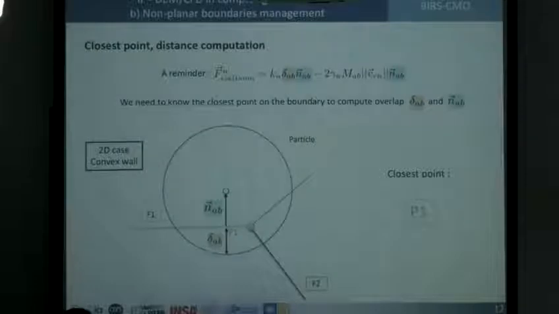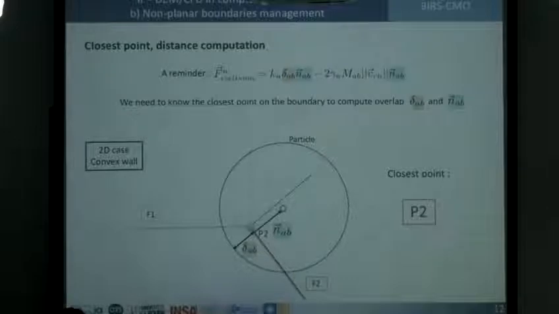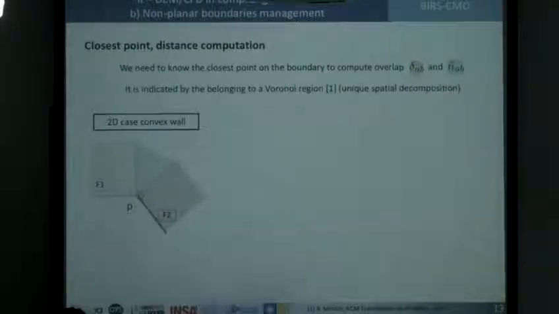On the other hand, if the particle is in this zone, then the closest point on the wall is the projection of its center on the face F1, which we called P1, and the quantities that we need can be defined as this. And finally, if the particle is in this zone, then this is equivalent: the closest point on the wall is the projection of its center on the face, and the quantities that we need are this one.